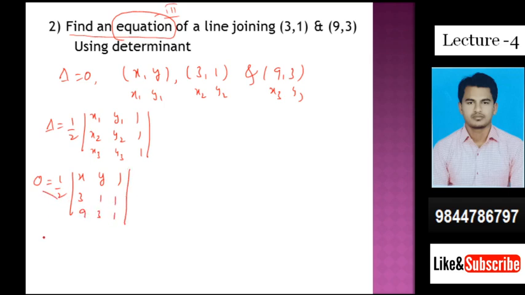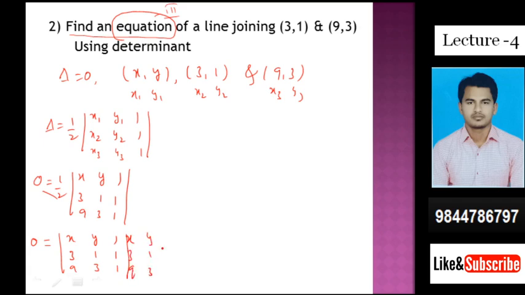Now cross multiply. 0 into 2 is 0. Expanding the given determinants x, y, 1, 3, 1, 1 and 9, 3, 1.